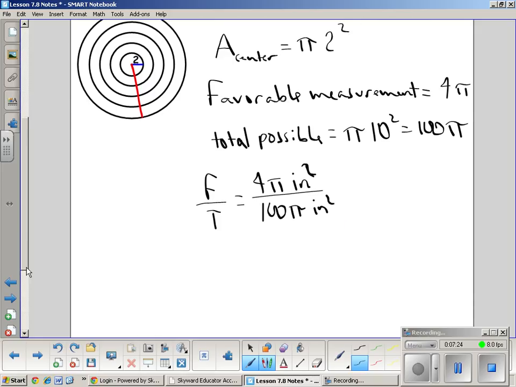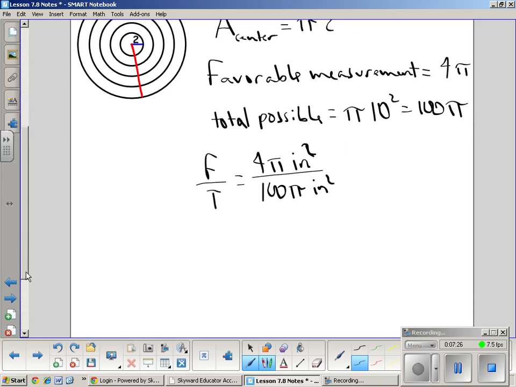Okay? Now, probability never has units in it. And if you look at this, you should be able to see why. Because what happens to my units? They cancel each other out. Anything else cancel? The pis cancel. Oh, man, there went Christmas. No pie. Sorry. Now, what else happens?